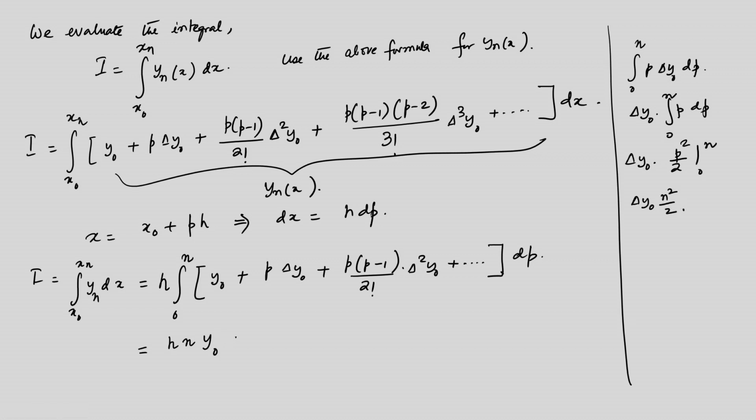So, this will become equal to n square h by 2 delta y 0, and the next term, if you do it carefully, it becomes this by 12 and then the delta square y 0 and so on. Okay. So, that is the third term and so on.